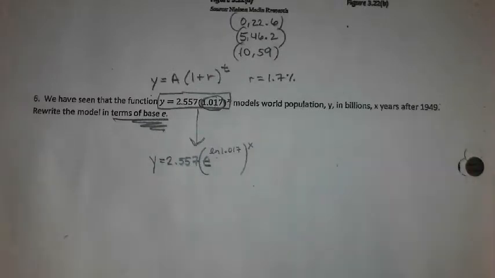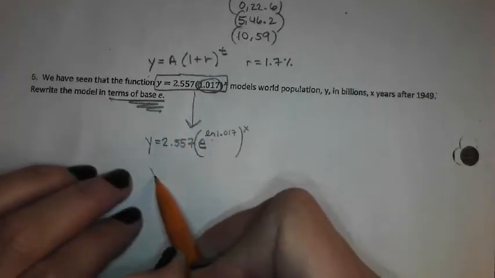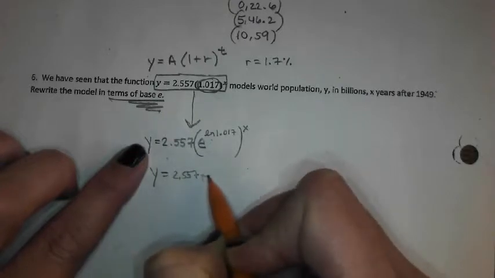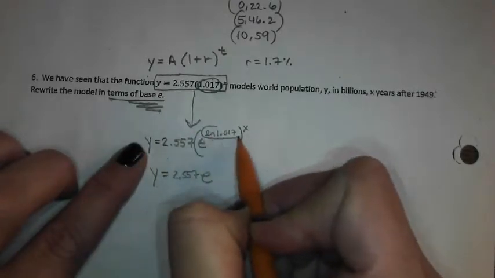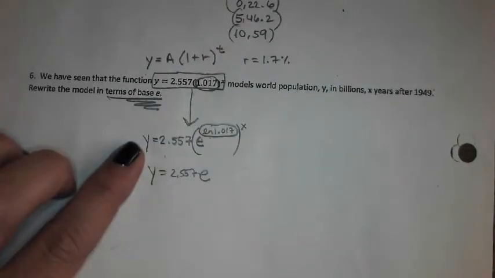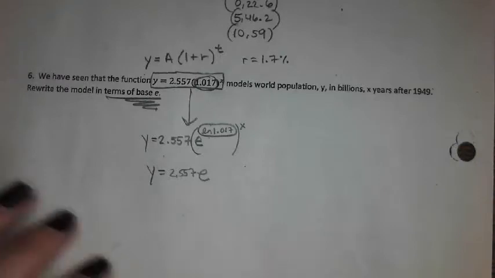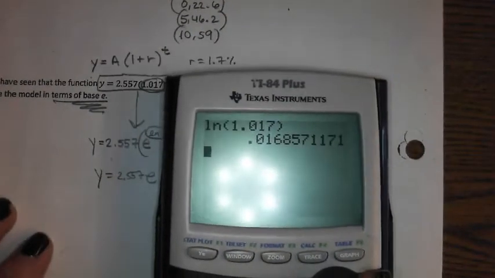Wouldn't your e to the ln cancel? Right? But what it allows us to do is, here's our initial value still, 2.557. Here's our e. This is your k. So if you type in the natural log of 1.017, it's 0.01685.